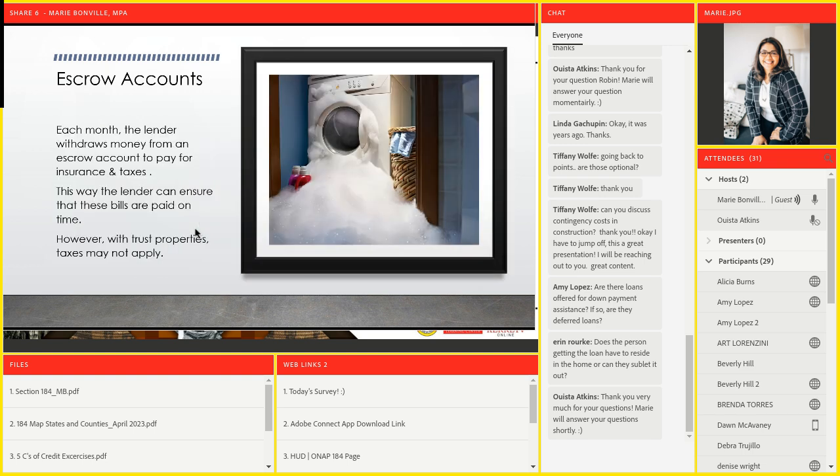Lastly, escrow accounts. I wanted to mention that no lender, as I said before, will lend you money for a home without insurance on that home. So when you make your payment, there's a separate account called escrow, and essentially a portion of your payment goes to insurance and taxes for the year.